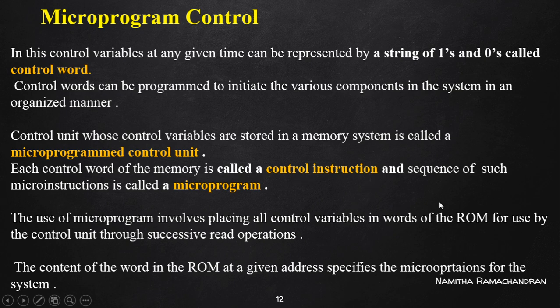In order to activate a certain set of operations by a particular functional unit, we need n number of such control instructions in sequence. So, a sequence of such control instructions together forms a microprogram. In a microprogram based control unit design, a sequence of control instructions forms a microprogram.